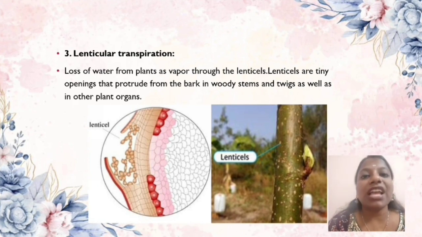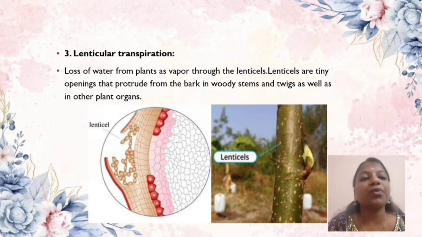In this image you can see it. On your right you can see the plant and the yellow spots, which are called lenticels, and on the left you can see how the lenticels look. So this is lenticular transpiration. The transpiration occurs through that opening, so it is called lenticular transpiration.